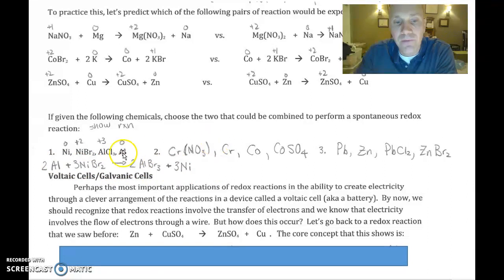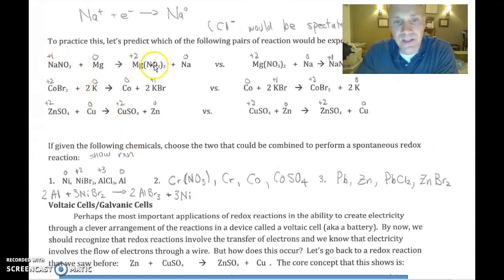One thing I want to point out in this reaction, which we didn't show up here, is that it's not necessary that the negative ion be the same. You'll notice that in some of these I've got nitrate as the negative ion.